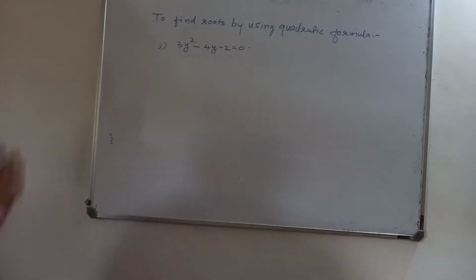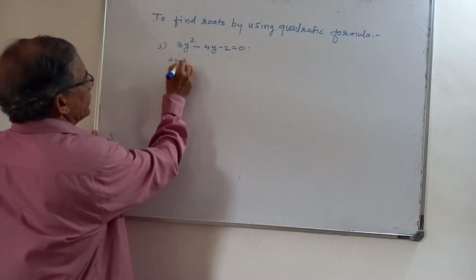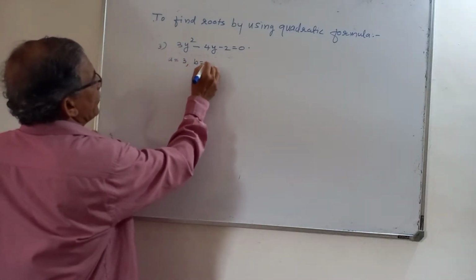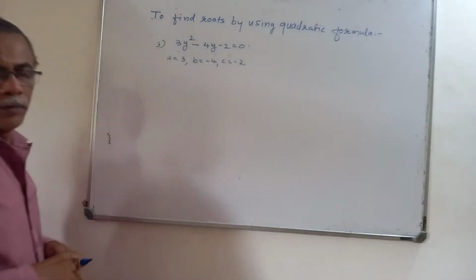Now consider again this third example. What is A now? A is equal to 3, B is equal to minus 4, C is equal to minus 2. Now first we have to calculate what? That discriminant D is equal to B square minus 4AC. B square, what is value of B now?